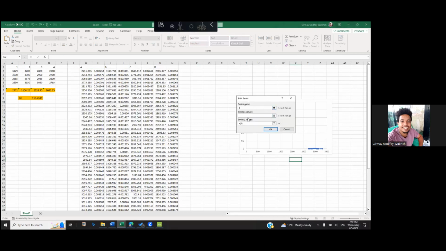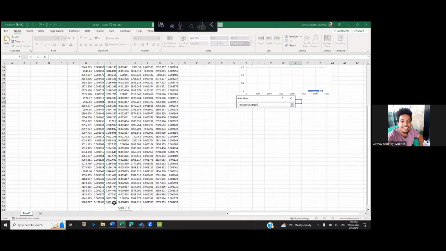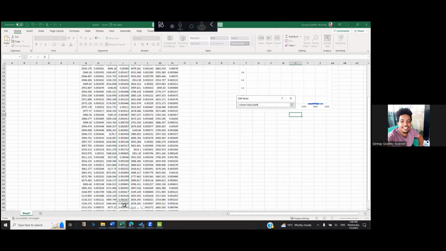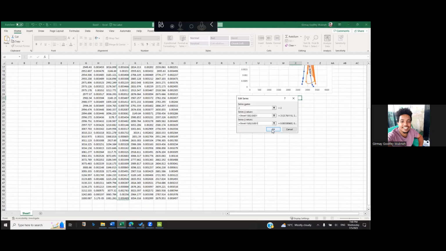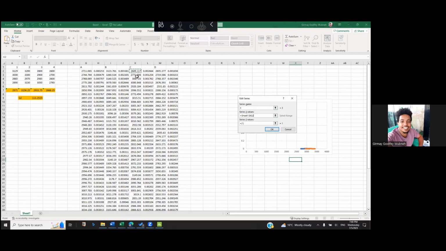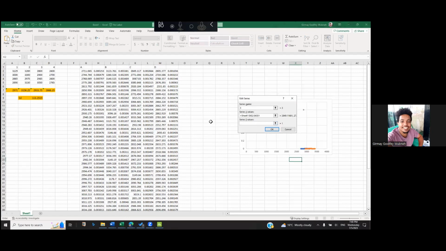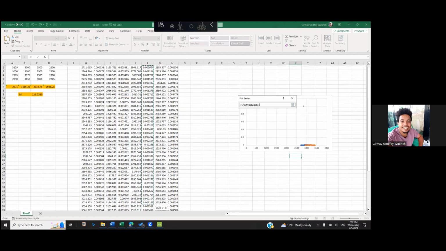Let's add mixing design 2, and the x-axis is this one. The y-axis will be this distribution function. Okay, and add mixing design 3. X-axis this one, and y-axis this one.